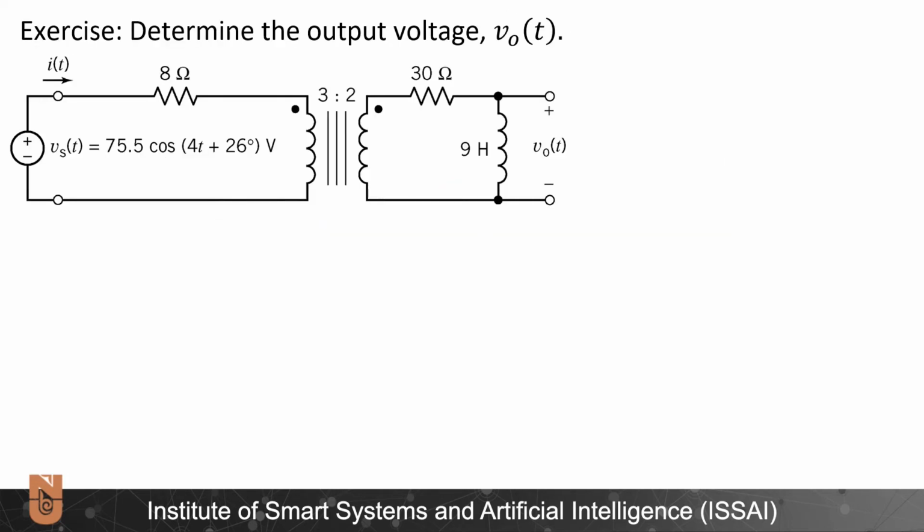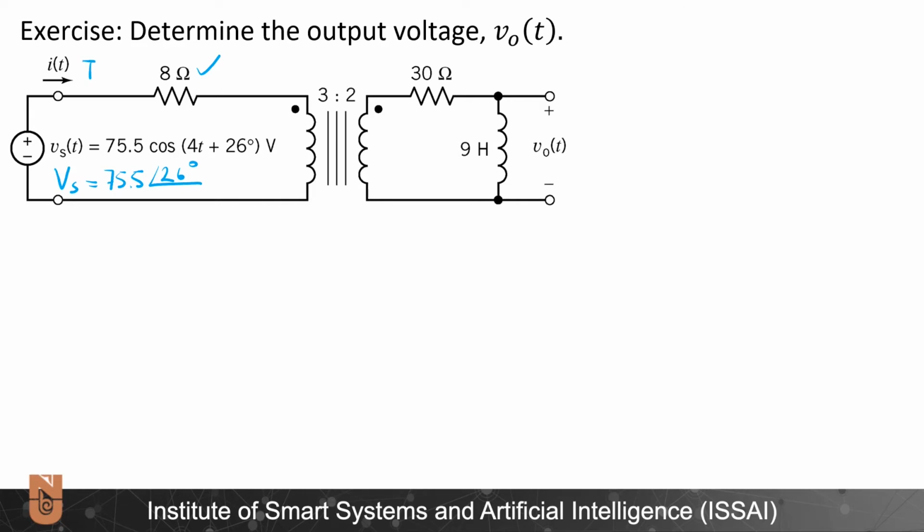Alright, in this question I need to determine the output voltage v0(t) for a sinusoidal input voltage, and this circuit is in the time domain, so I will first convert it to the frequency domain by writing Vs is equal to 75.5 with an angle of 26 degrees. 8 ohms will be 8 ohms.